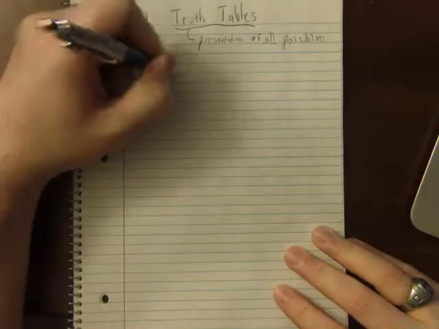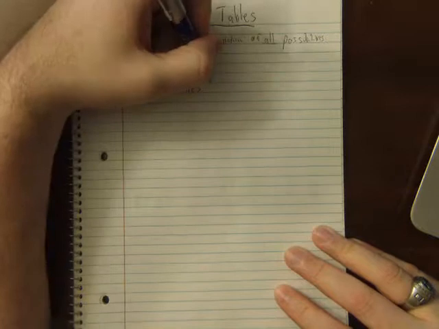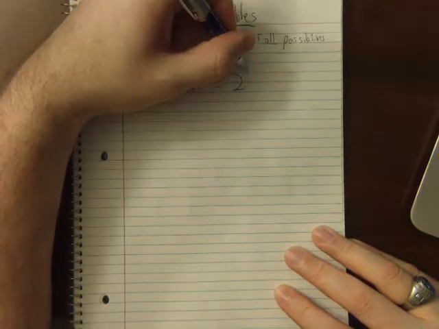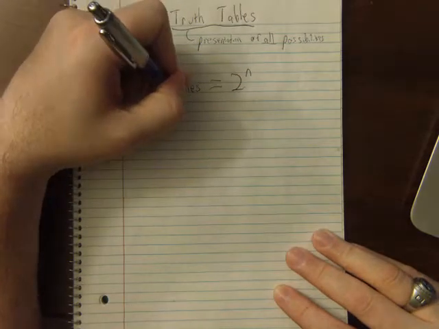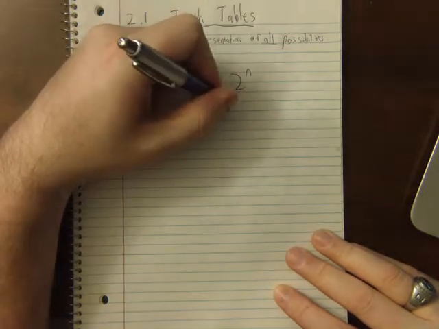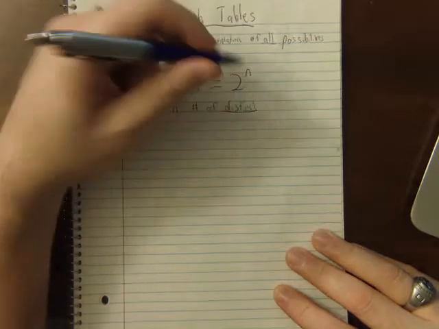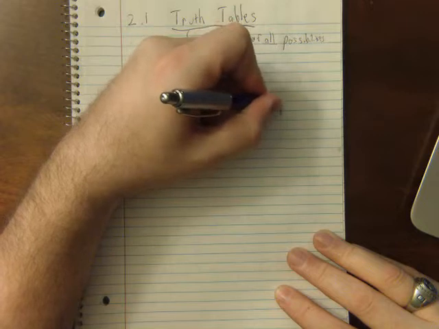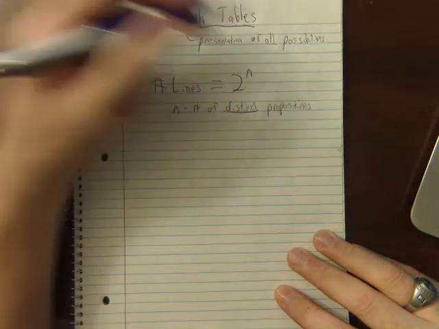Even though A occurs twice, there are only 2 distinct propositions, which leads to 4 possibilities. Why? Because remember, a truth table is a list of all possibilities, and there's simply no possibility of A being different than A. So there's no line in which A is both true and false. That is impossible. So we take 2 to the n.